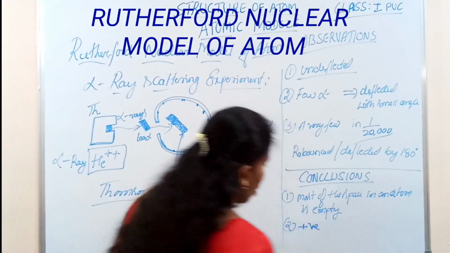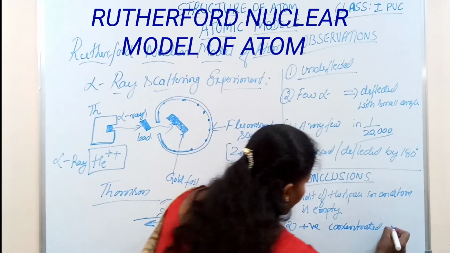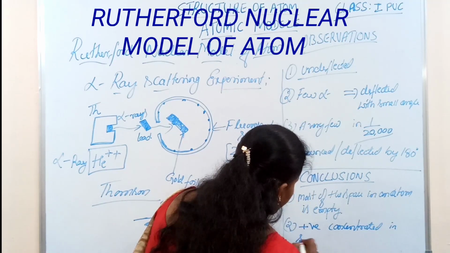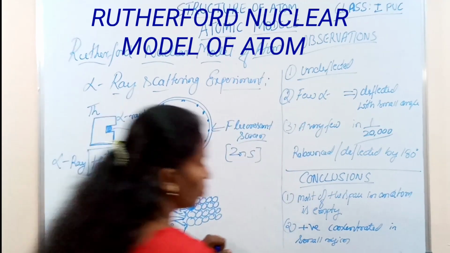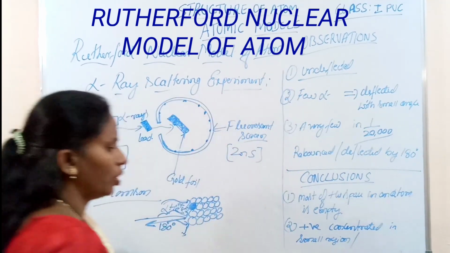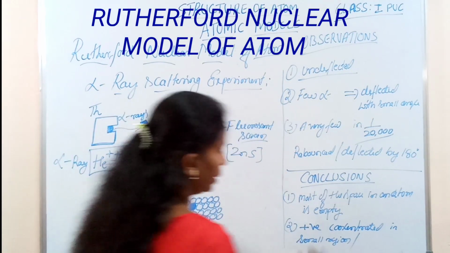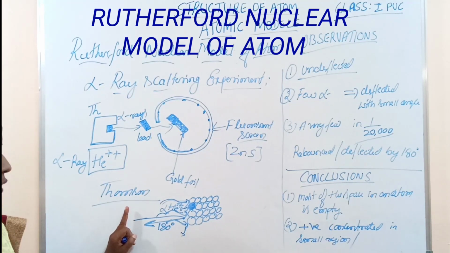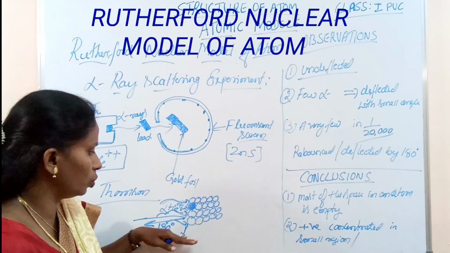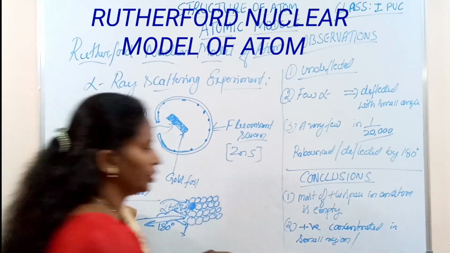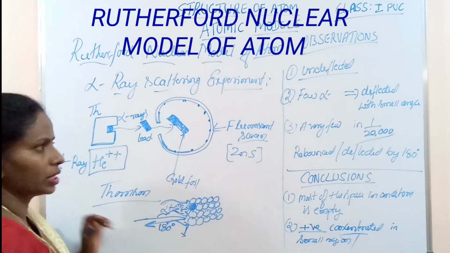Then the second conclusion: a few alpha particles are deflected with a small angle because all the positive charge of an atom is concentrated in a very small region of the atom, and it is not uniformly distributed as Thomson said. So when a few alpha particles pass through the gold foil nearer to that positive core, they are deflected with a small angle.